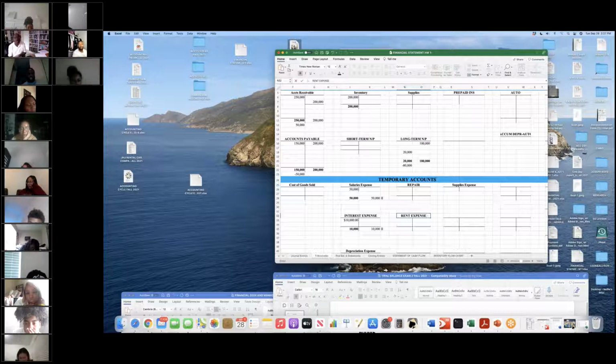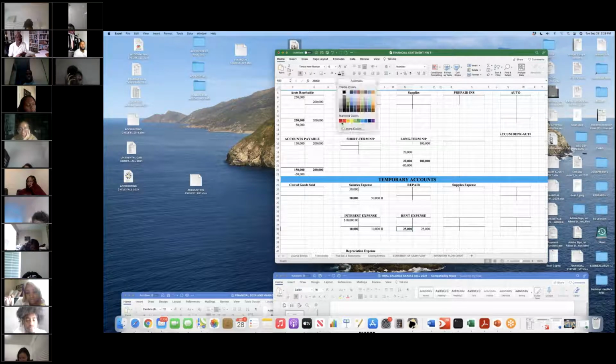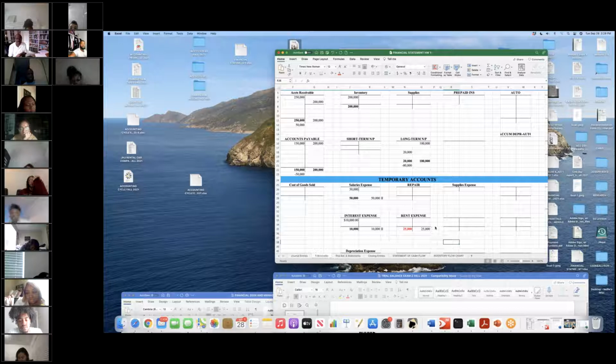How much was the rent? 25,000. So the balance in the rent in terms of taking to the trial balance would have been 25,000. So this is the closing entry amount here.